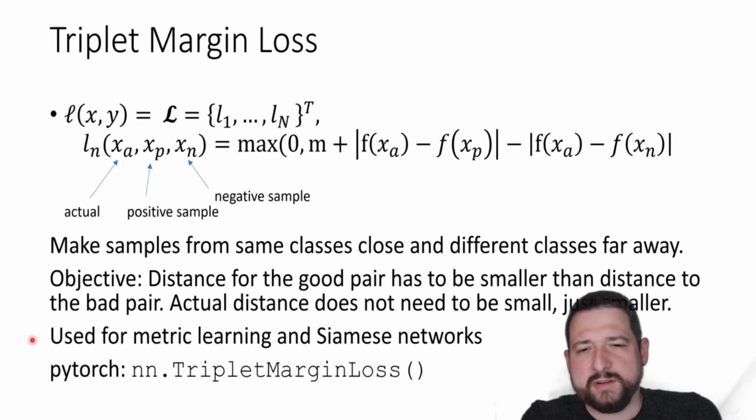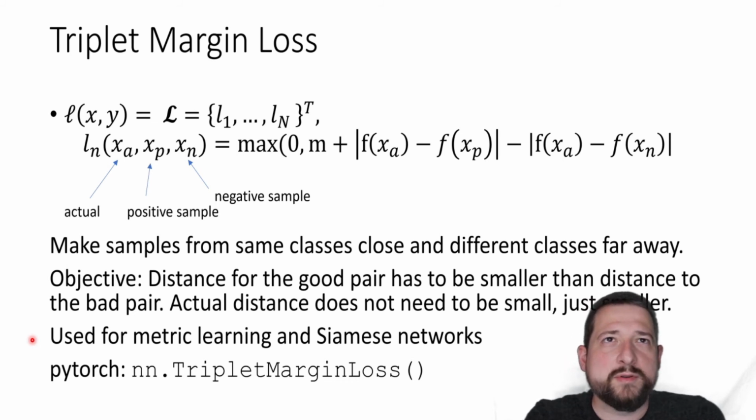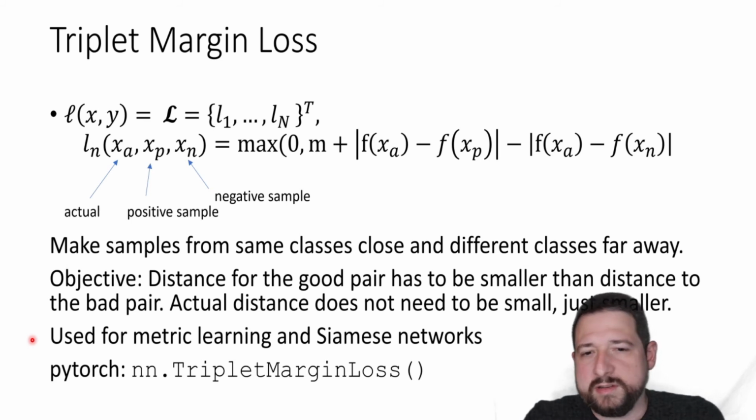This is really used a lot for metric learning if you want to refine some predefined metric. For example, you put two images with the same category through a CNN and get two vectors with the previous loss, and here you put three through a CNN and you get three different representations.